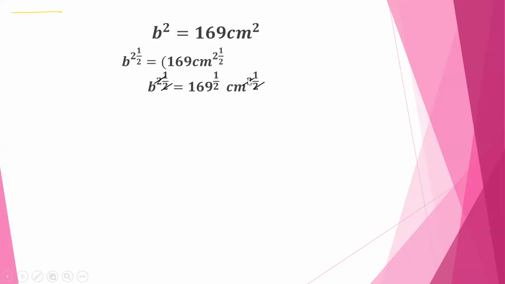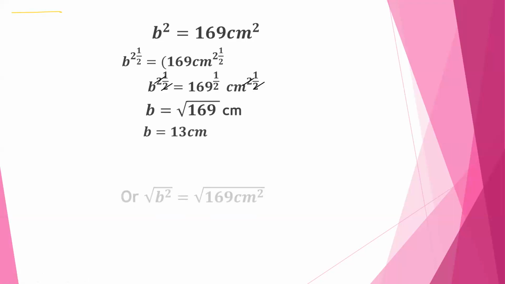So this will cancel this, and then we have b is equal to the square root of 169, which is the same as 169 raised to the power half. And since we've already canceled out the squared on the centimeter squared, we have our centimeter standing alone. So when you use your calculator to find the square root of 169, you have 13 centimeters. Then you add your centimeters, and then you are done, right?